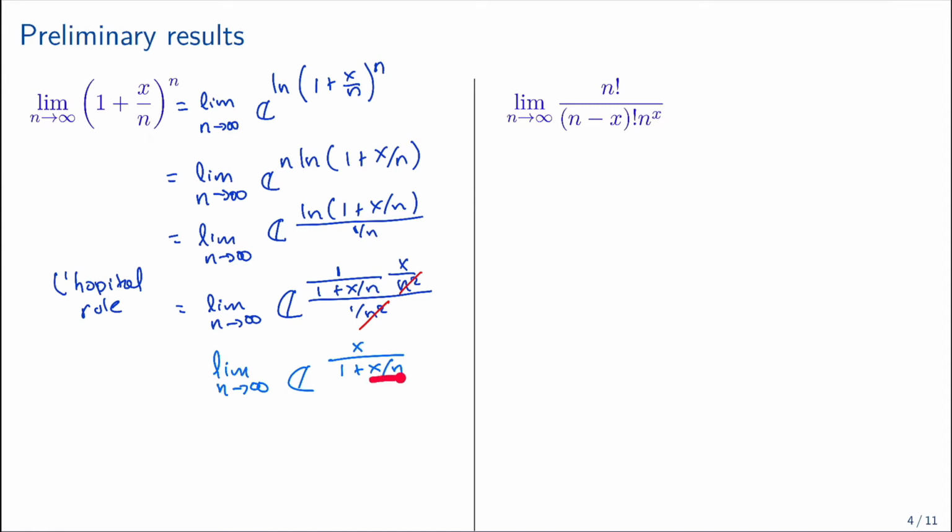So when n approaches infinity, this is 0. And so therefore we have x divided by 1. In conclusion, the limit when n approaches infinity of 1 plus x over n to the power of n is equal to e to the x.